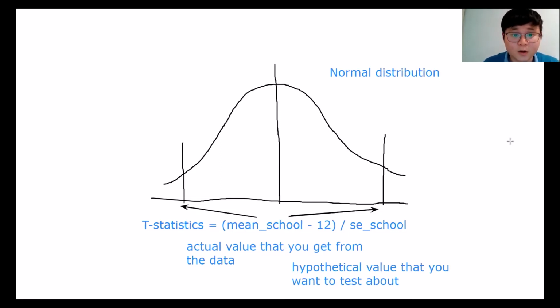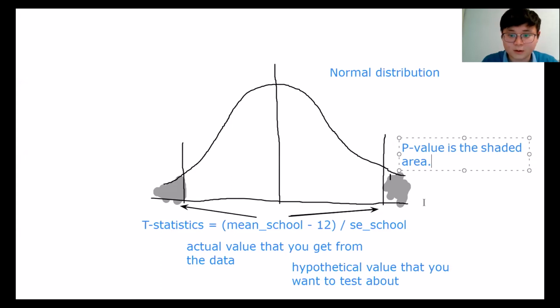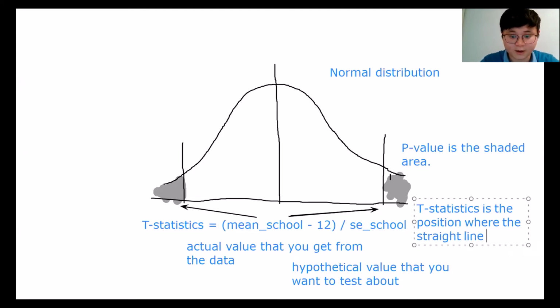The p-value is the shaded area, and the t-statistics is the position where the straight line lies.